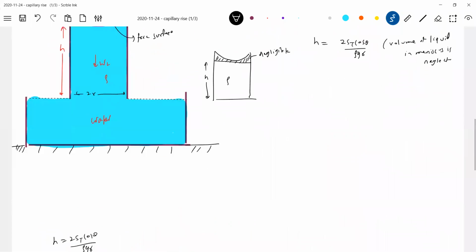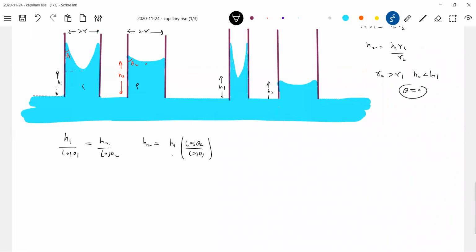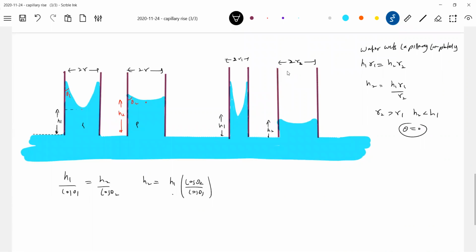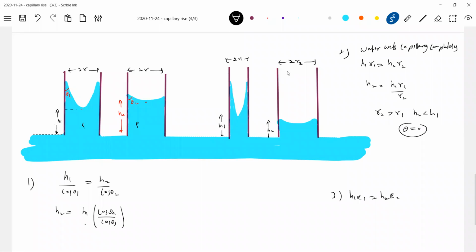You do have questions in the books. There's a first case, a second case, even a third case, H1 R1 equal to H2 R2. You don't draw a diagram, directly take the help of the formula and analyze it.